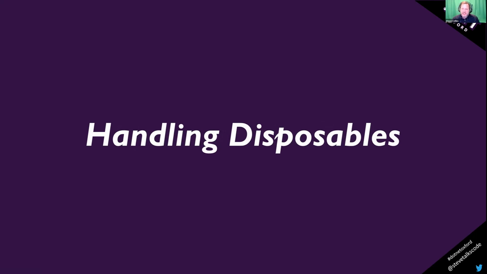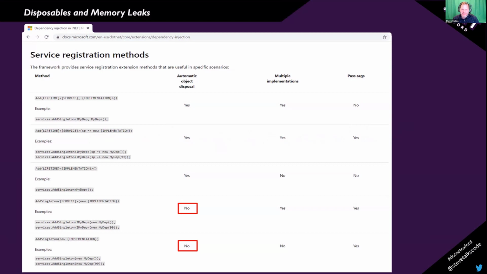So earlier I mentioned that you need to be careful with disposables, but now I want to dig a bit deeper into some of the edge cases. If you remember when I was talking about singletons, I said that you should try and hide the dispose method from consumers, as the container will take care of it. That last bit is true in most cases, but as you can see here from the Microsoft website, there are a couple of extension methods where you create the instances yourself and the container won't dispose of these for you.